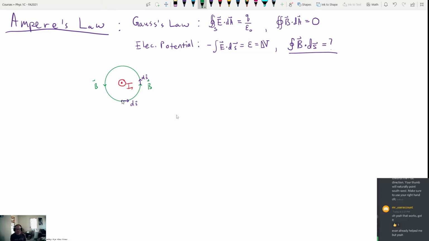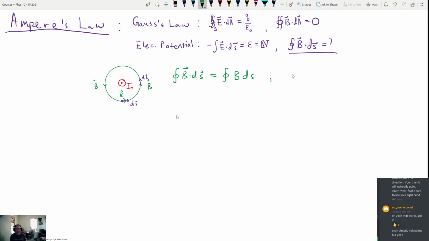So we know at this location, for example, that the magnetic field also points in the same direction. And you can see that ds and B point in the same direction as long as we go around this loop in a clockwise fashion. So if we ask the question, what is the integral of B dot ds equal to? We know that the angle between B and ds is always zero, so we can rewrite this as just the integral of B ds.